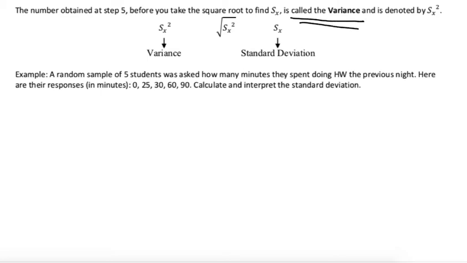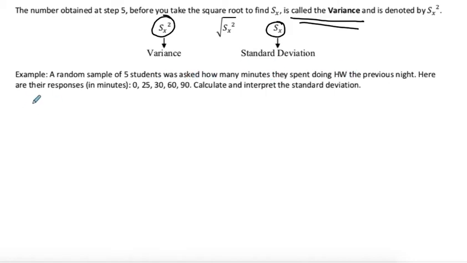The variance is denoted by s sub x squared. So variance is the squared standard deviation, and once we square root, this is our standard deviation. In our example, a random sample of 5 students were asked how many minutes they spent doing homework the previous night. Here are their responses. Calculate and interpret the standard deviation.